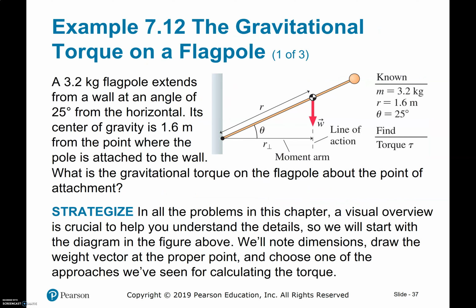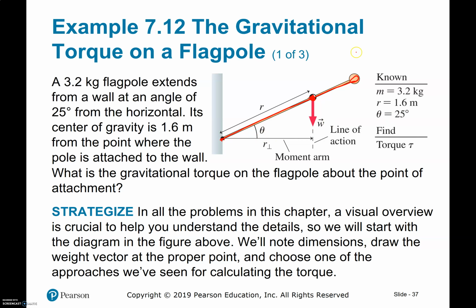So for instance, here we have a flagpole, right? So there is a mass here, and the center of gravity is right there. That is where the weight is applied. So what is the torque due to this? The mass is 3.2 kilograms. This radius, the distance from this point to the center of gravity, is 1.6 meters, and this angle is 25 degrees. What is the torque?